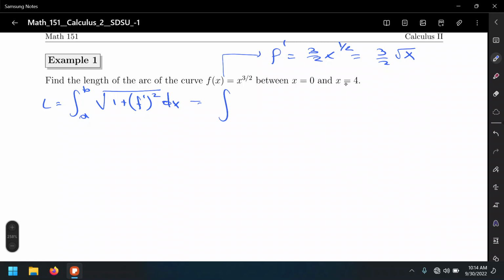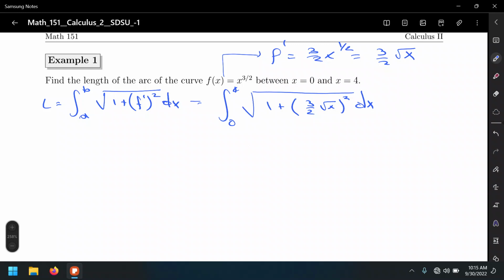So let's integrate from 0 to 4 the square root of 1 plus, what's this, 3/2 root of x, quantity squared, with respect to x. A couple of things are going to happen here. Number one, this square is going to affect both the numerator and the denominator of the coefficient.